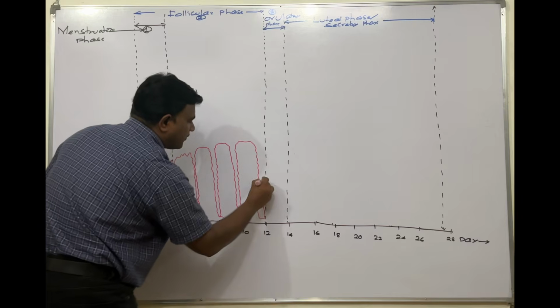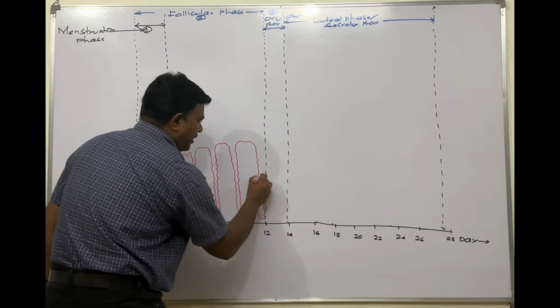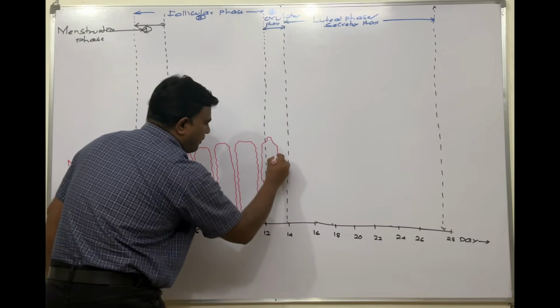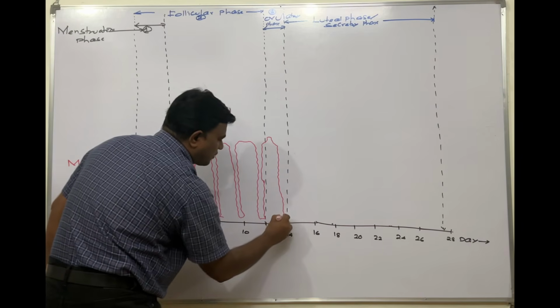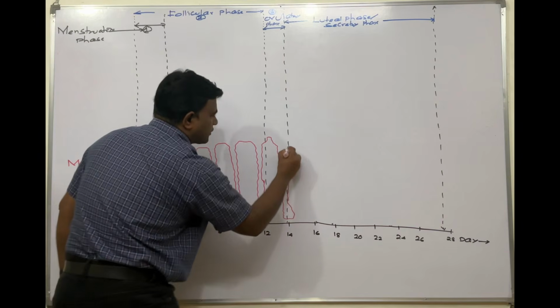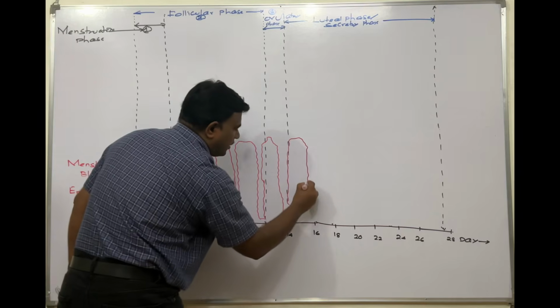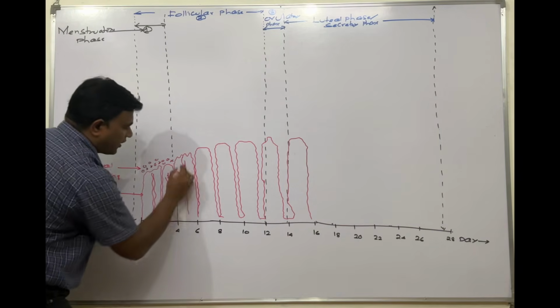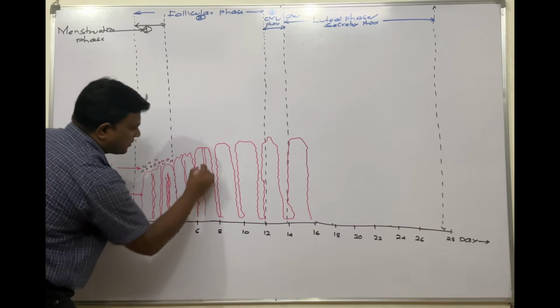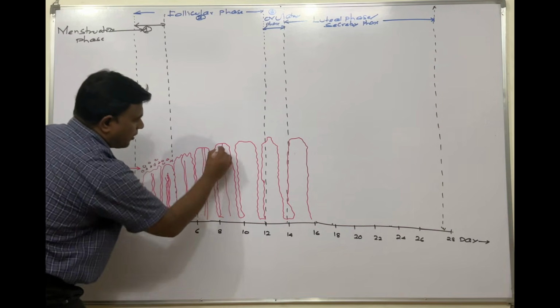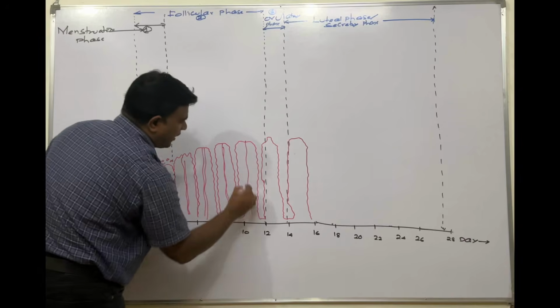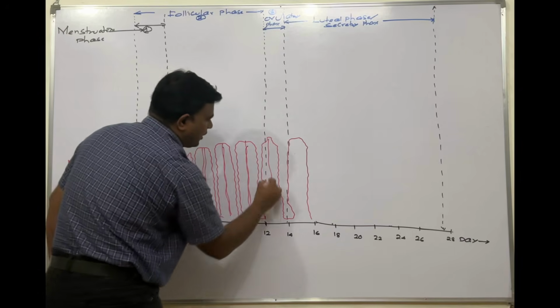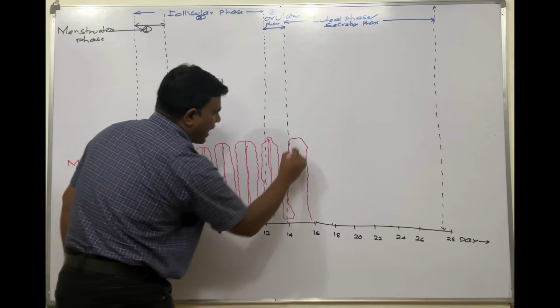You can see here, every day some kind of growth is going on. Every day some kind of thickening is going on. Every day some kind of glandular, muscular, and spiraling is going on. So this is the proliferative phase, the priming phase, where the endometrium is getting ready for the process of conception.